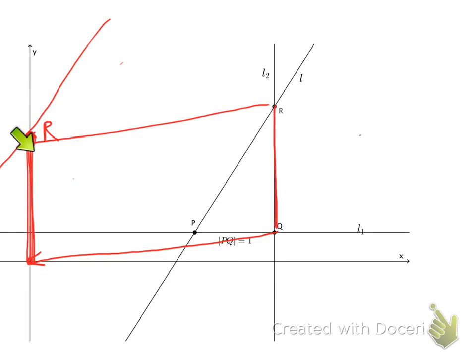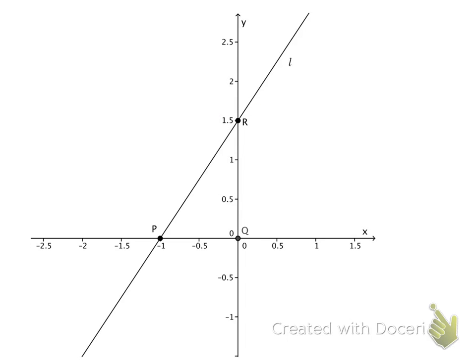Okay, so let's look at what that looks like as a numerical example. So here we have again this diagram. This distance is 1. So this could have been translated from anywhere in the plane so that the point Q lined up with the origin.